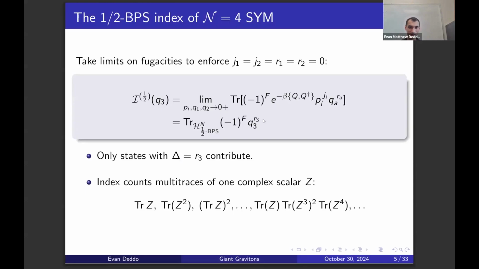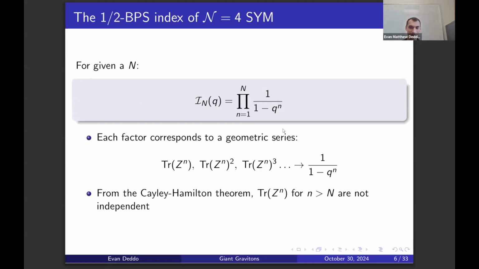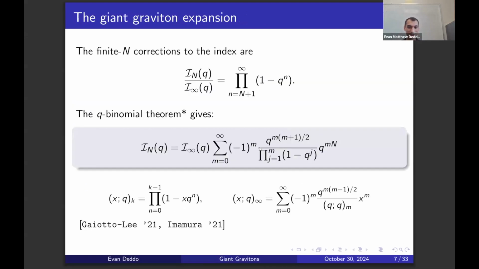Once we do this expansion, it's like a generating function of all different R charges, and there should be no limit on this, because the giant graviton expansion is something that can be just mathematically derived from these Q-Pochhammer identities. So this always holds. It's maybe just a question of interpretation, whether that's always valid, but it seems like it is. Okay, thank you.